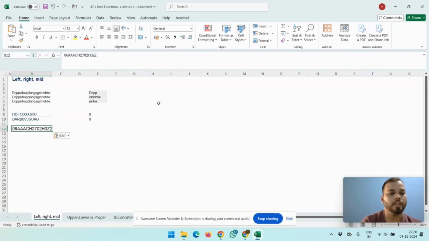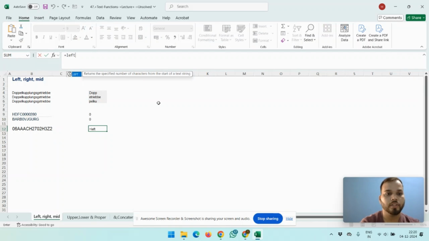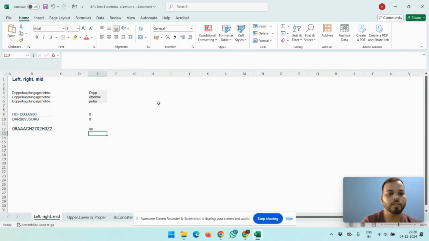Now we can use the mid, right, and also the left formula. Firstly, we start with left. Left, always the first two characters indicate the state code, comma 2, bracket close, enter. So 06. 06 indicates the Haryana state code.